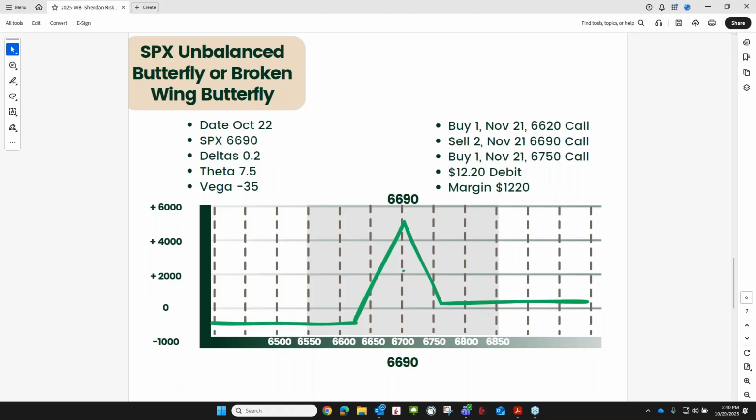But again, let's remember this, folks, the big picture here. The closer to expiration, your price risk goes up substantially, right? And so things move against you very quickly in these butterflies and stuff.